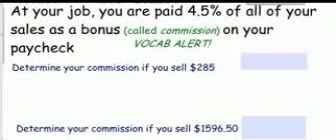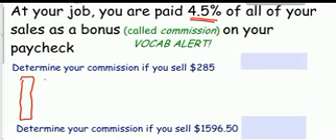Now how we calculate it. Let's say you're getting paid 4.5% of your sales as a bonus, and this is referred to as a commission. It's an incentive to sell more. If you're selling $285, you're going to get paid 4.5% of that. So we can think visually about this as the entire 100% is the amount you sold.